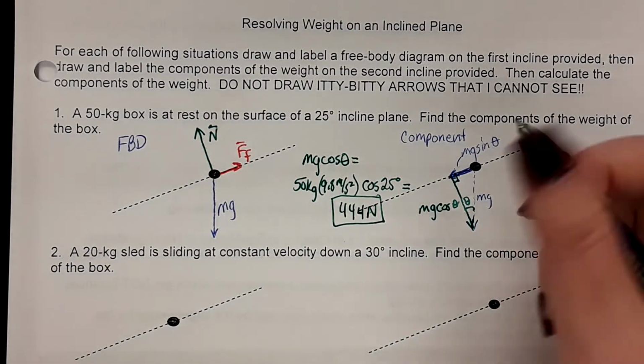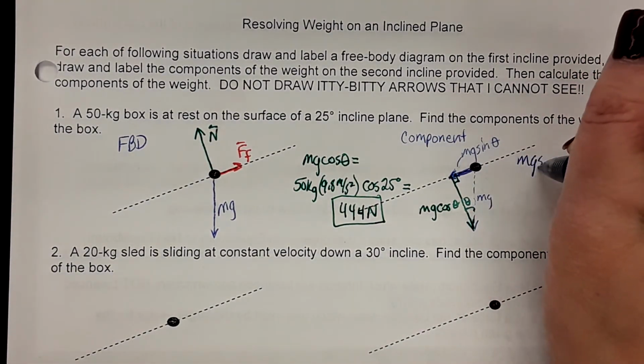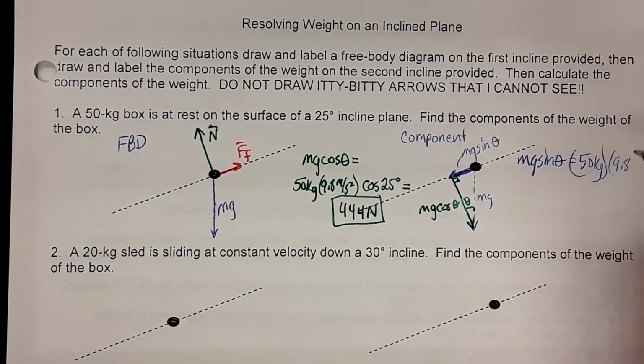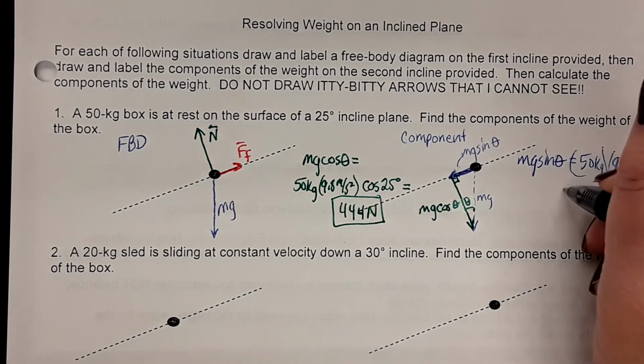Now this component over here, mg sine theta, is going to be 50 times 9.8 meters per second squared. And in this case, it's going to be sine 25 degrees.